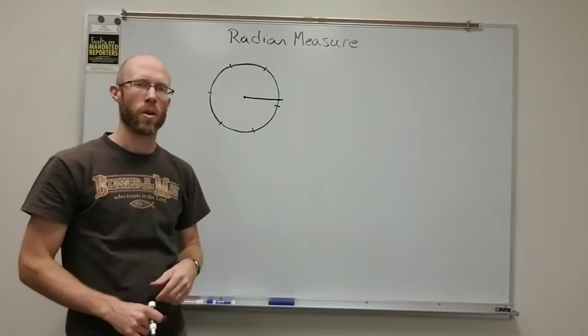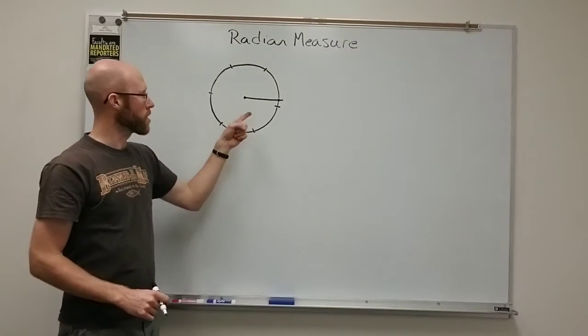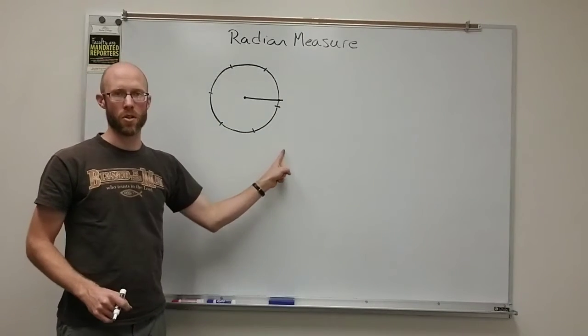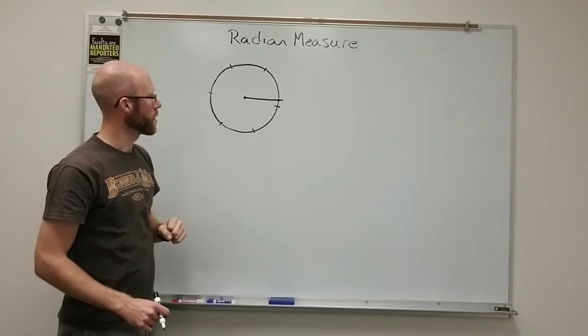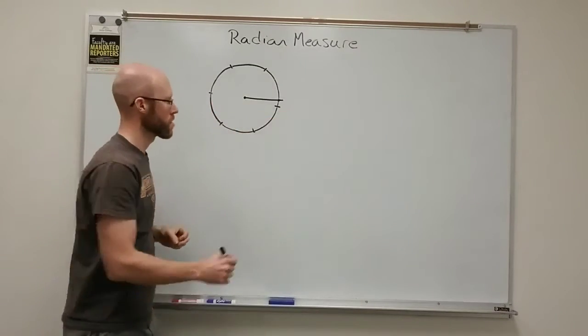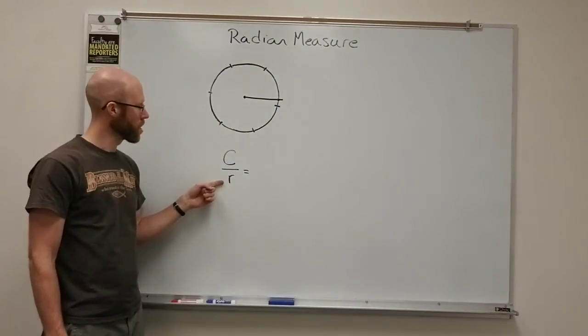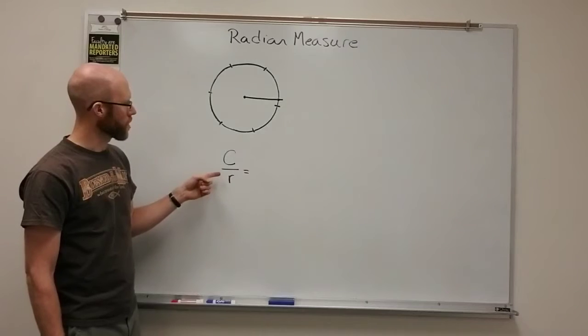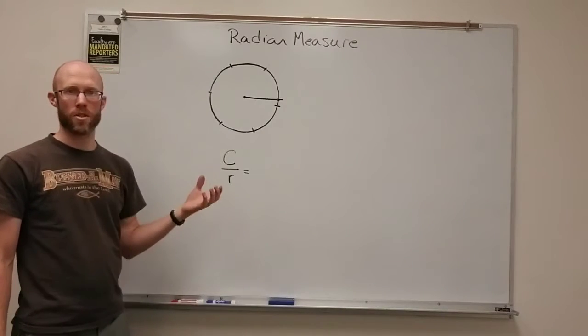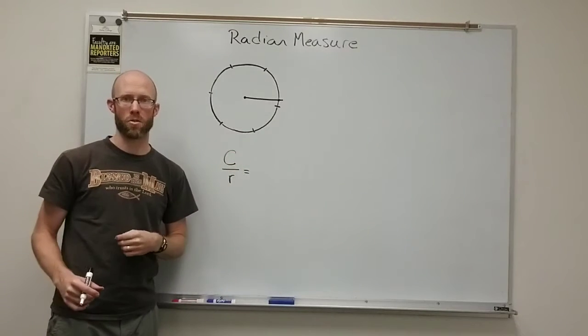Okay. What ends up happening is if you take the total circumference of a circle and divide it by the radius, you end up with a value that's constant for every circle, no matter how small or how big that circle is.